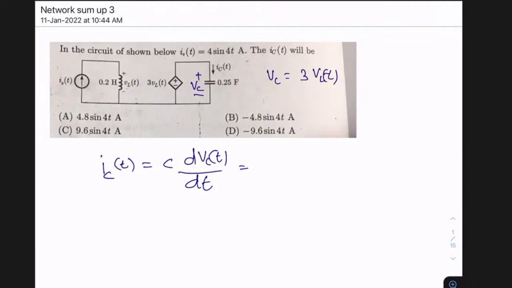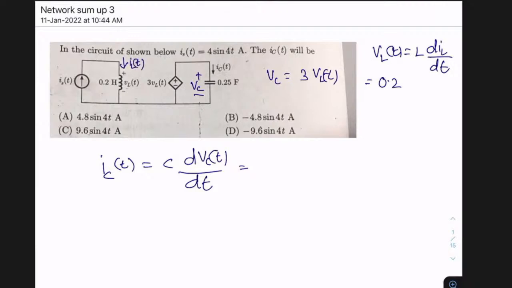And you know, V_L(t), the voltage across the inductor, is given by the formula L into dI_L by dt. What is L? L is 0.2. And what is I_L? In this case, this is your current I_L. So what is I_L(t) if I ask you?